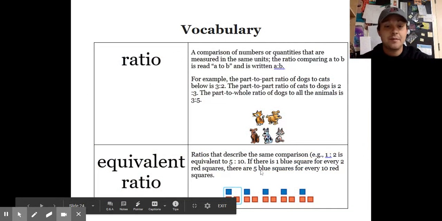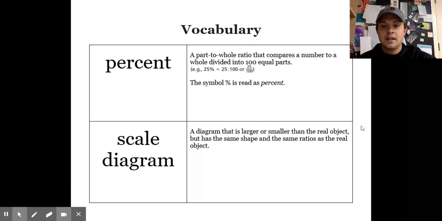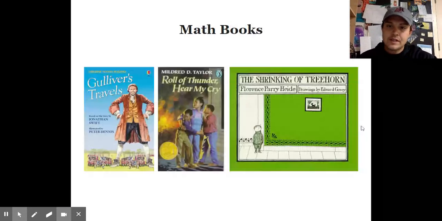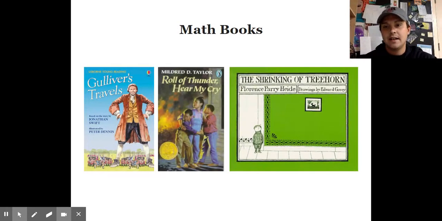We have some vocabulary cards if you want to make some cue cards. There are 3 math books for this unit. Gulliver's Travels, which is a classic. Roll of Thunder, Hear My Cry, I haven't read, so if you want to read that and let me know how that is, please do. And The Shrinking of Treehorn. I have all 3 of these books in my class, so feel free to come ask for them.